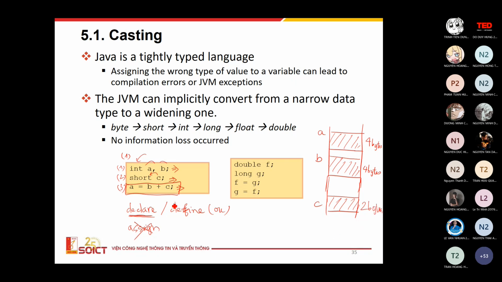So if you get the value of B and C, and you add them together, and then you assign it again to A, is this okay?